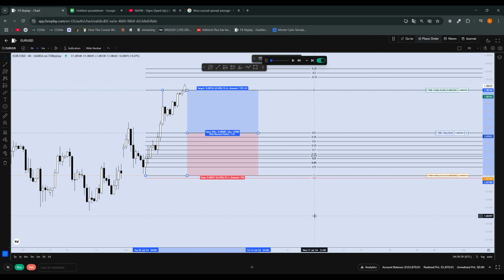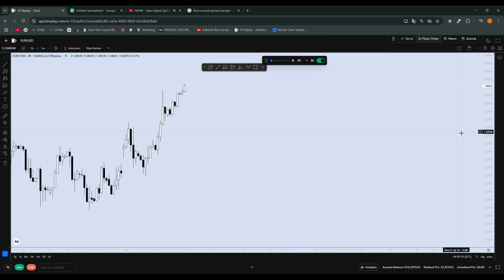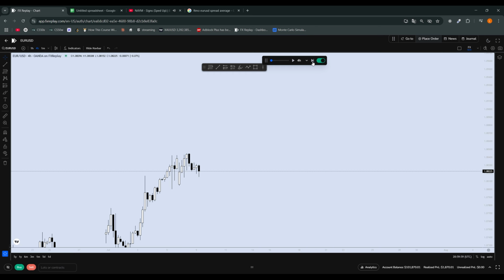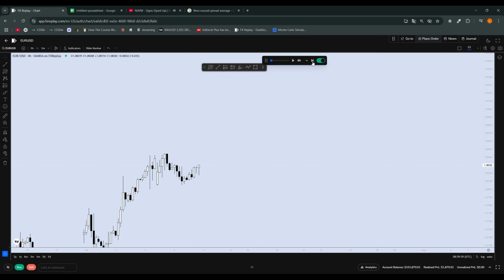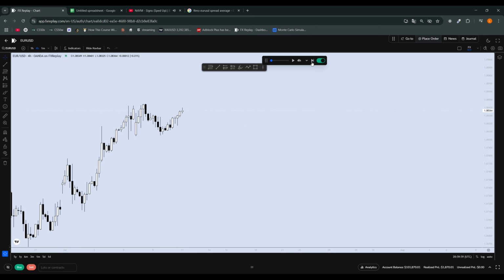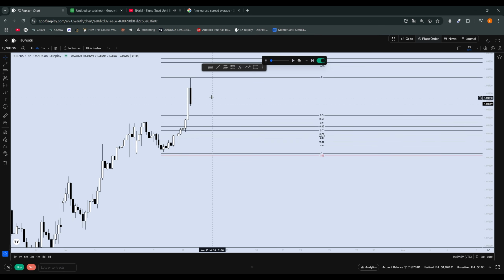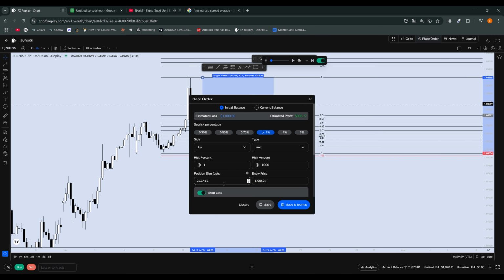Invalid range. Okay. So here. Invalid range. Consolidating range. Good. This is my range. 50% and okay, we have a consolidating range.